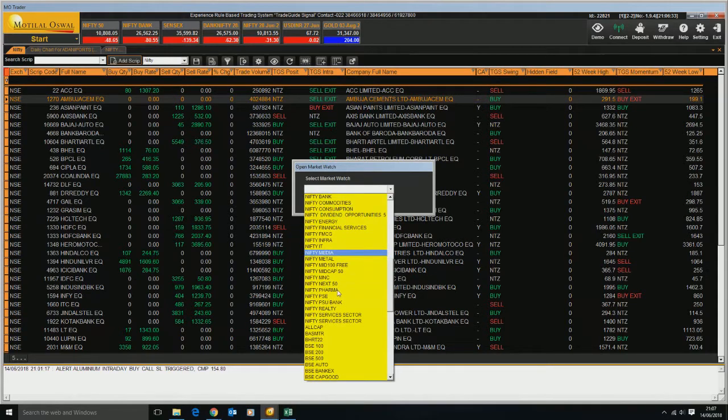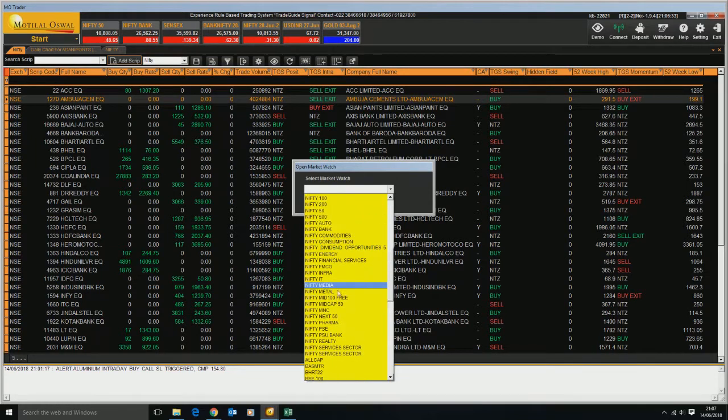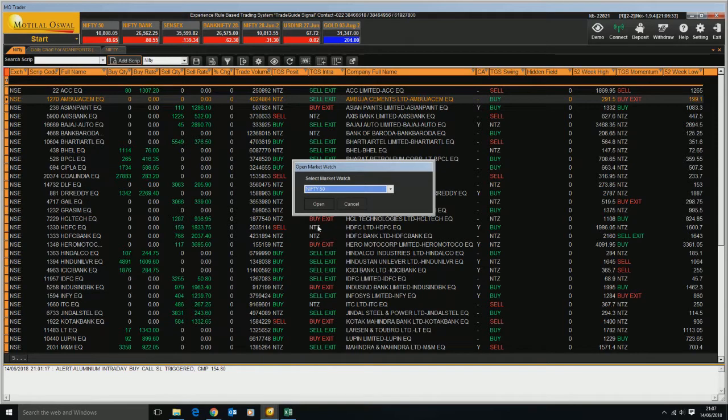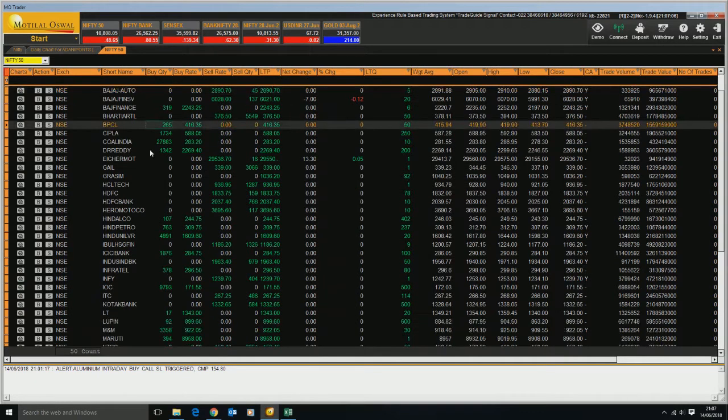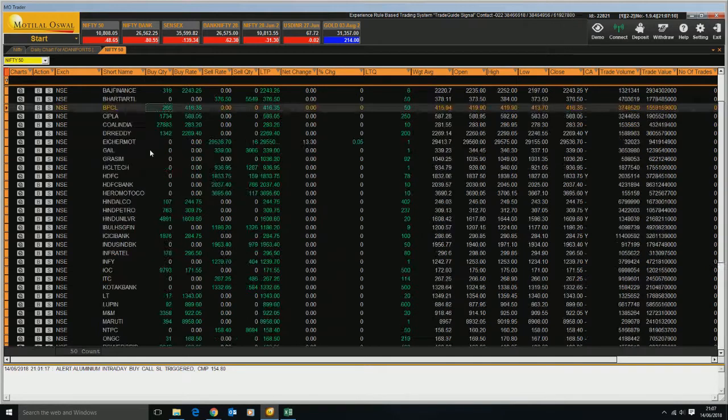So you can straight away go to the particular index which you are interested in. Say I go to Nifty 50, which is our point of study today. I click on Nifty 50 and click on open. So here I have got the Nifty 50 stocks on which we're going to do our analysis.